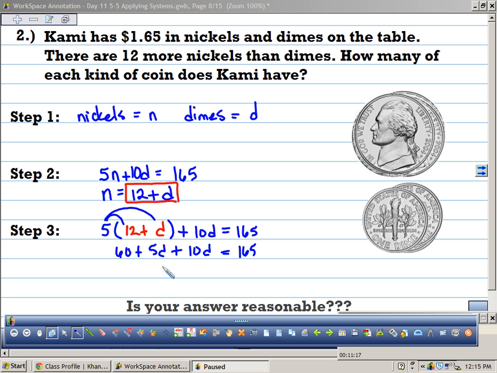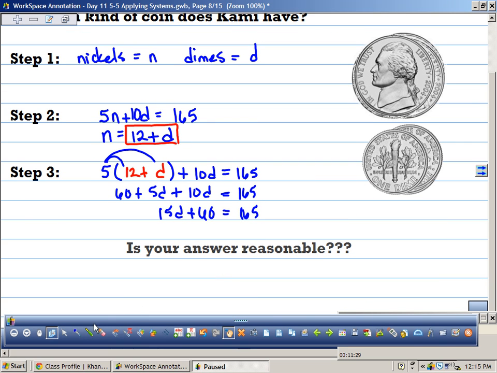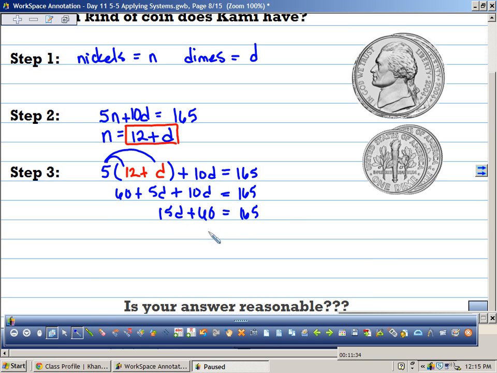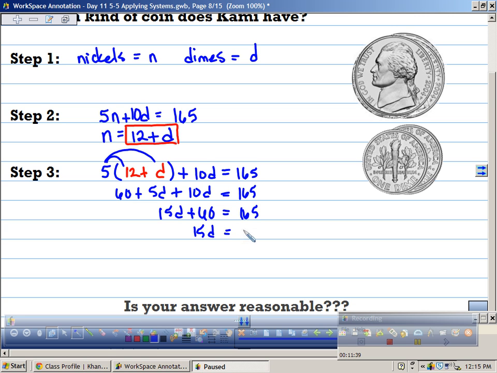How many dimes do I have in all? 15 dimes plus 60 cents equals 165 cents. Finally, 15 dimes equals how much? 105. How did you figure that out, Cassandra? Take 60 cents off of each side and you get 15 dimes equals 105.